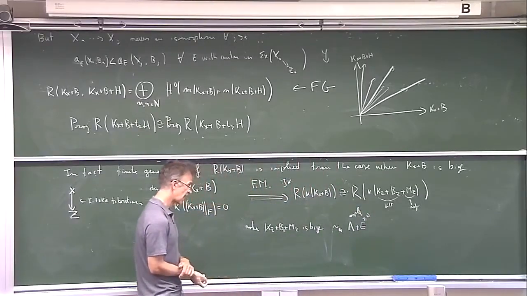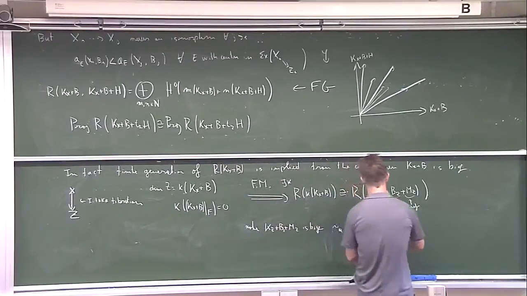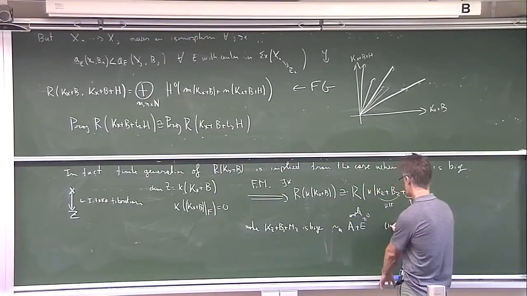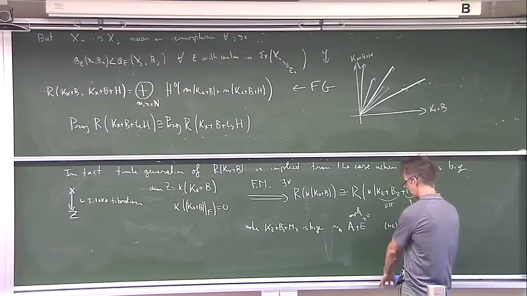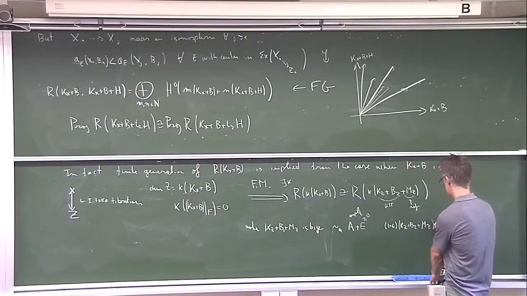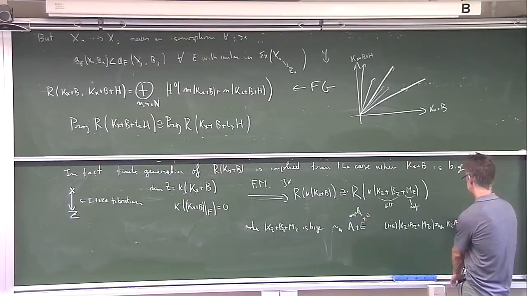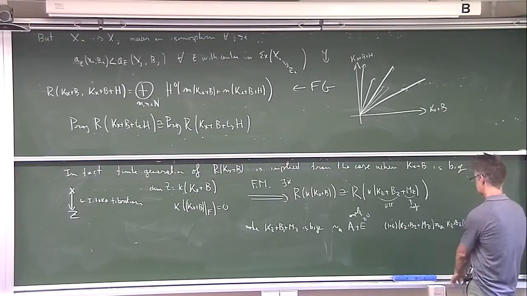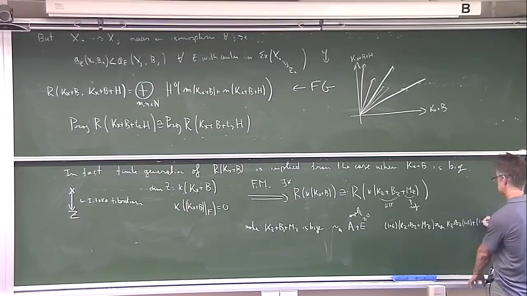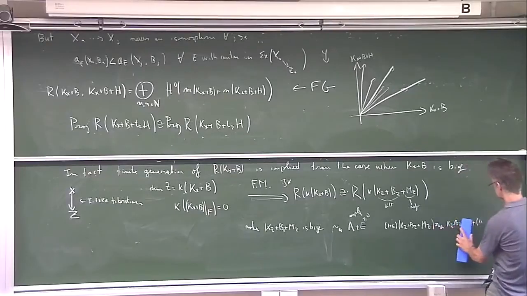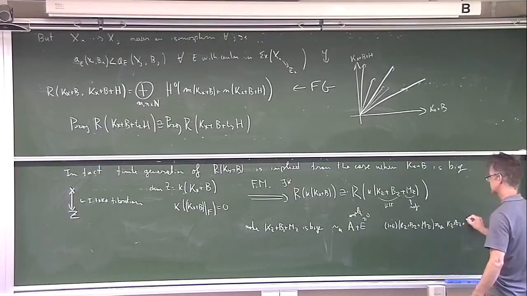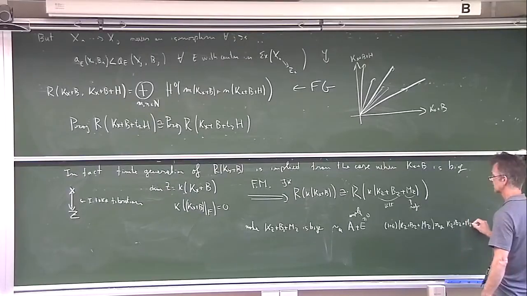Okay, so now things are looking up, because then if I take 1 plus epsilon times KZ plus BZ plus MZ, this will be Q-linearly equivalent to KZ plus BZ plus MZ plus epsilon A plus E. Yeah, that's what I want, right?